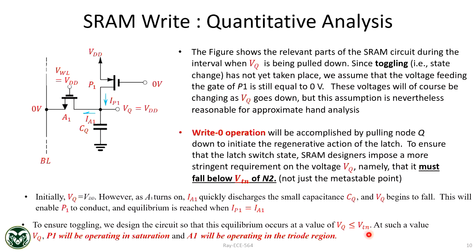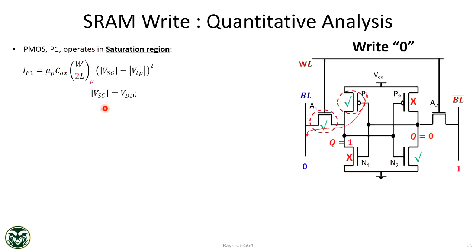So if you want to equate these currents, you need to know who is operating in what regime. So P1 will be operating in saturation, but if this voltage is low, A1, the access transistor, will be operating in triode region. That's the critical thing to understand, because once you know this, we can equate those equations.